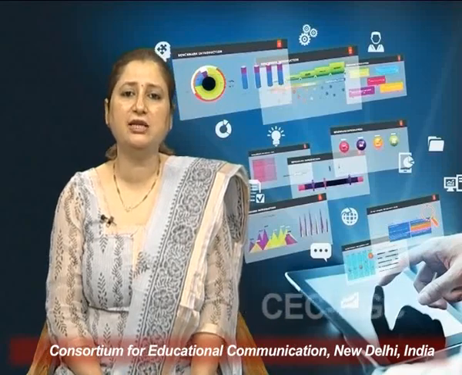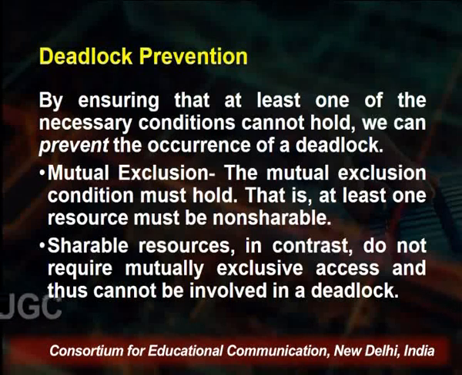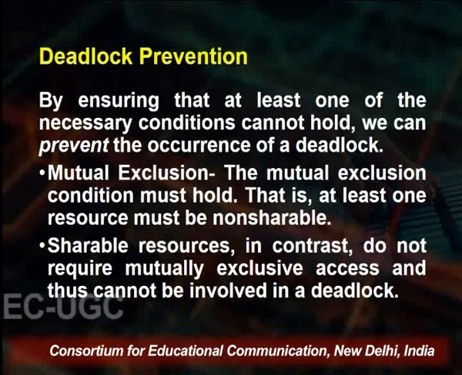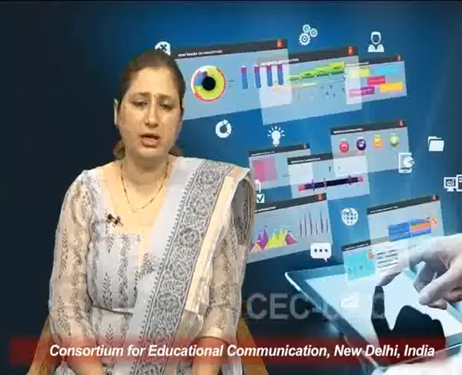The first way of ensuring that deadlocks do not occur is to ensure that at least one of the necessary conditions does not hold. If you want to prevent the occurrence of a deadlock, you can prevent at least one of the 4 conditions from occurring.